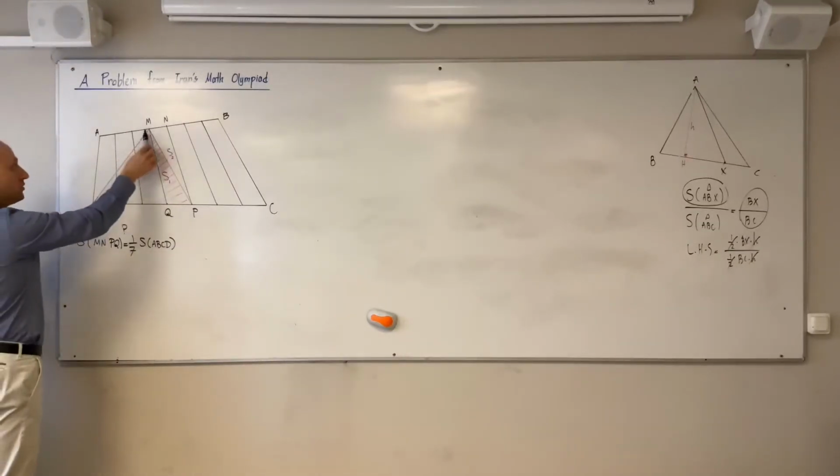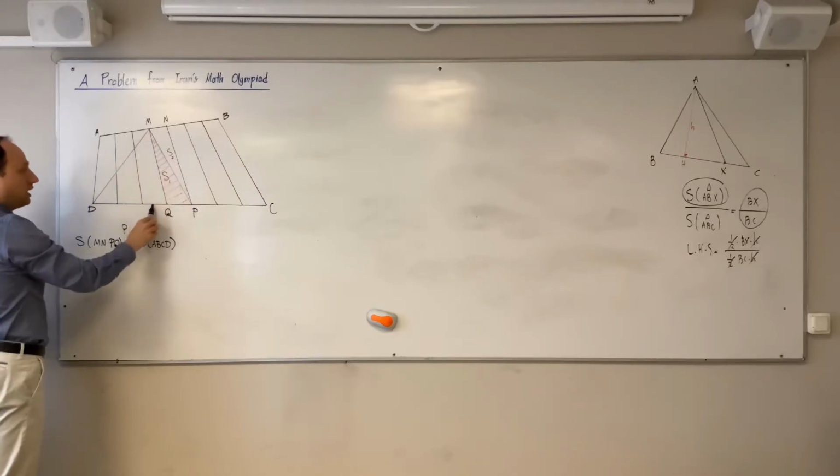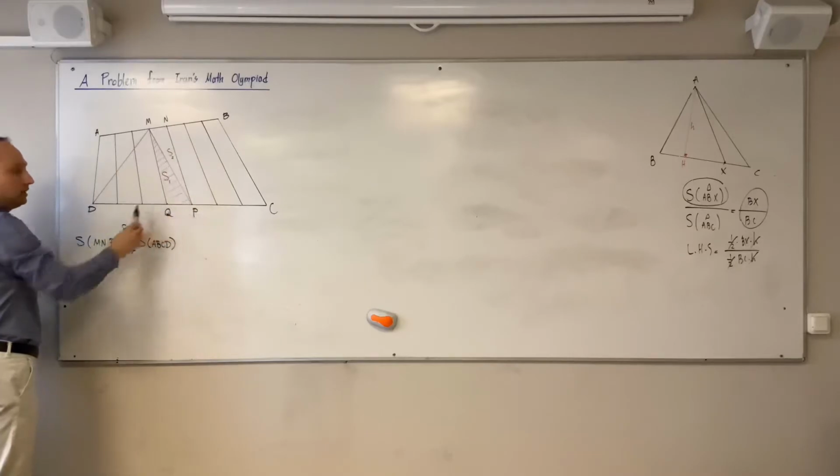I don't want to mess up the picture, but if you imagine that I draw a height here, this height will be a height of this bigger triangle as well as the height of this narrow triangle here.